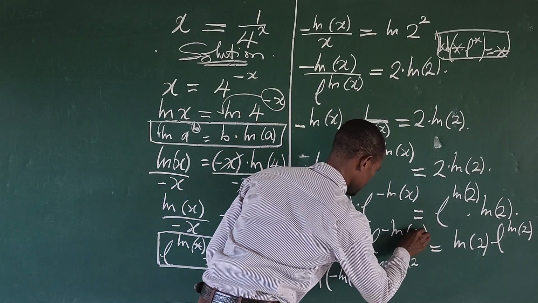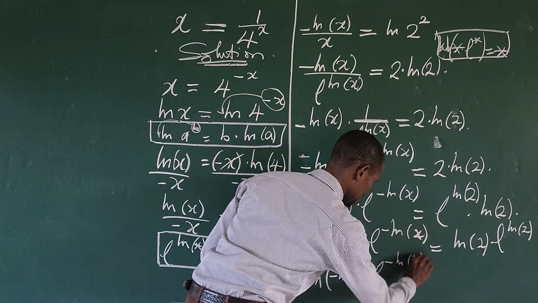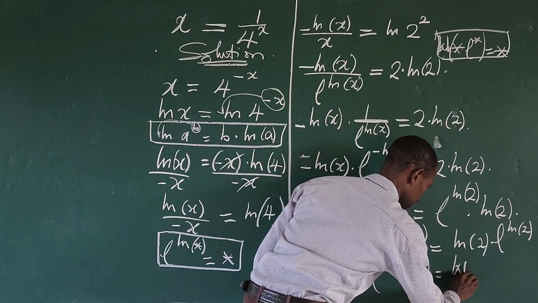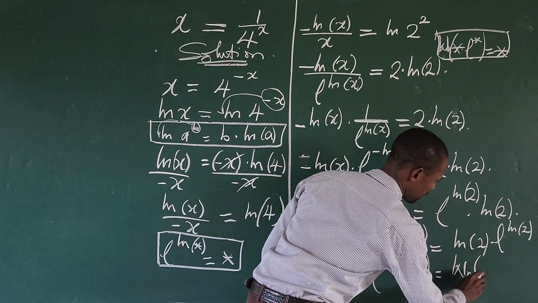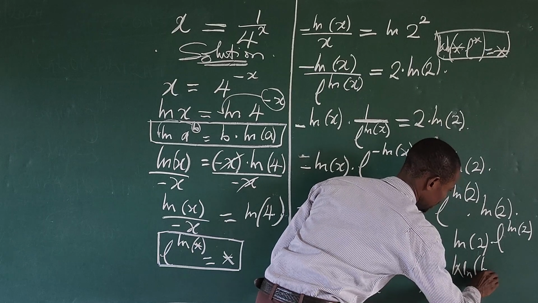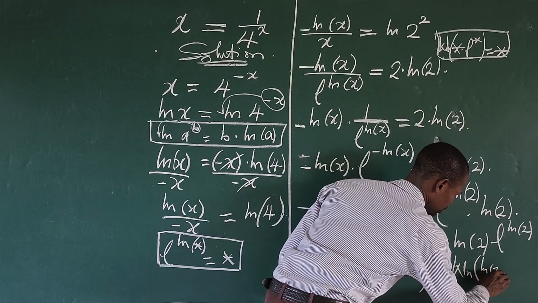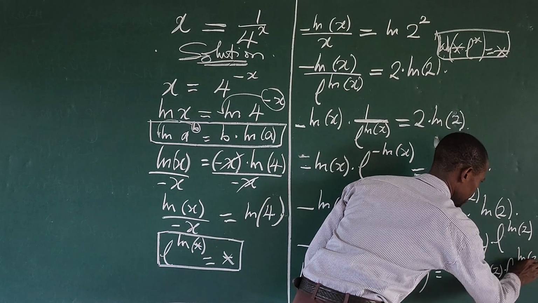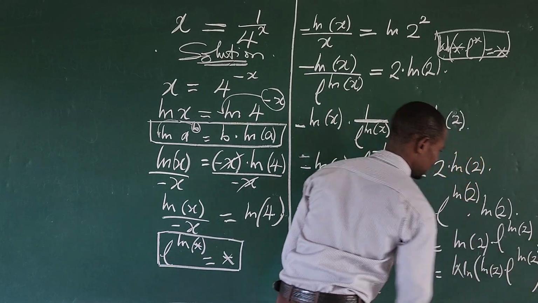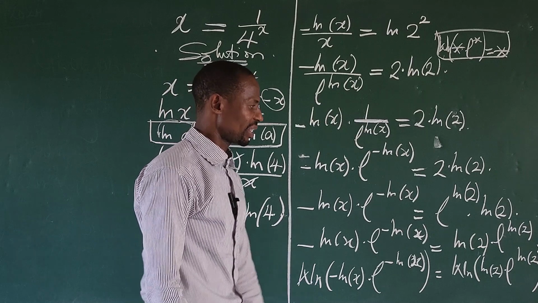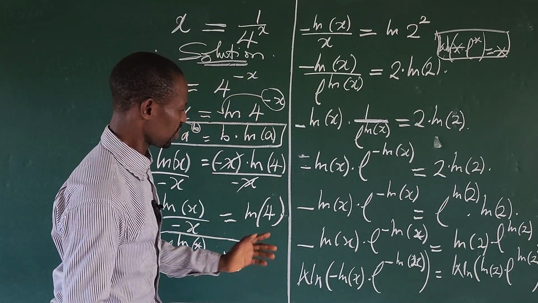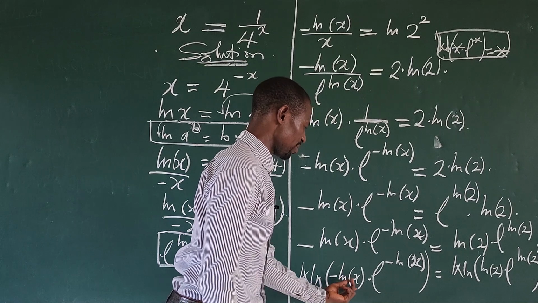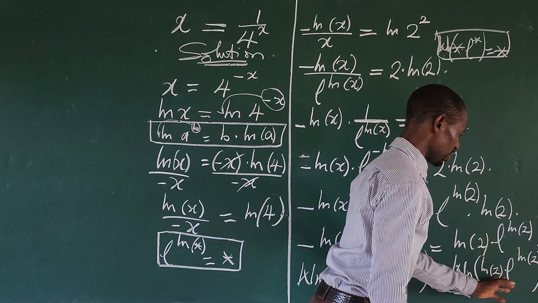This is equal to the Lambert W function of ln of 2 times e to the power of ln of 2. So with what we have here now, we're going to end up having minus ln of x equal to ln of 2.